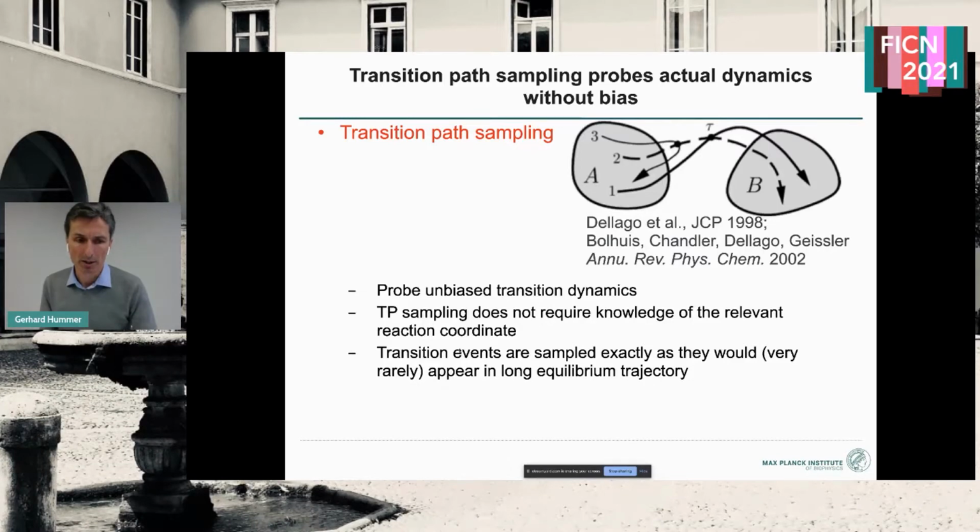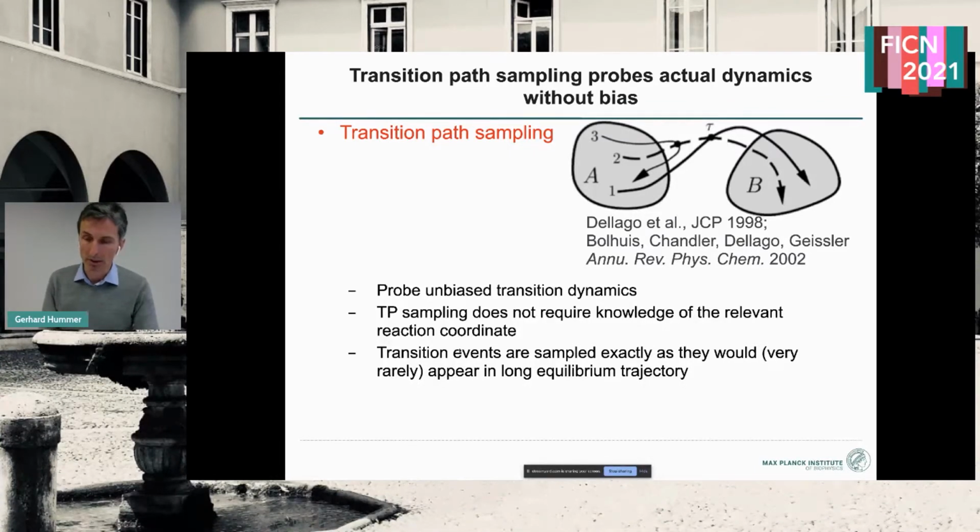So the sampling mechanism does not require a priori knowledge of the relevant reaction coordinates, and transition events, in this case transport, are sampled exactly as they would be in a very long equilibrium trajectory.